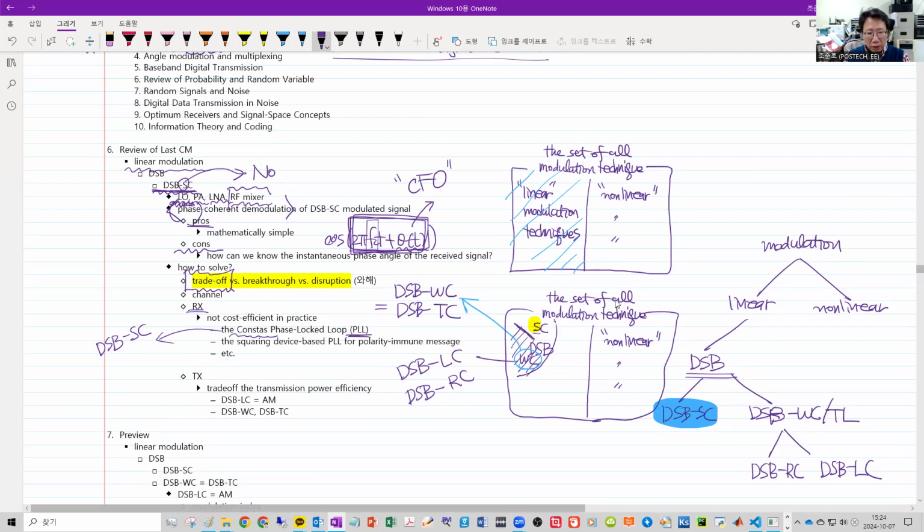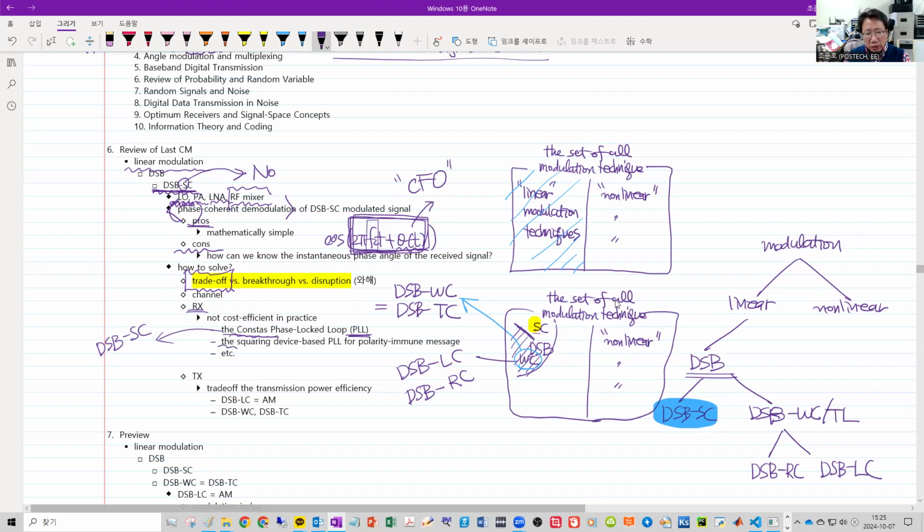Anyway, the Costas PLL can be employed in the receiver to improve its performance, even if we have a relatively poor local oscillator that generates the demodulation carrier. But as I told you, it was very costly and not that practical in the early stage of radio communication.